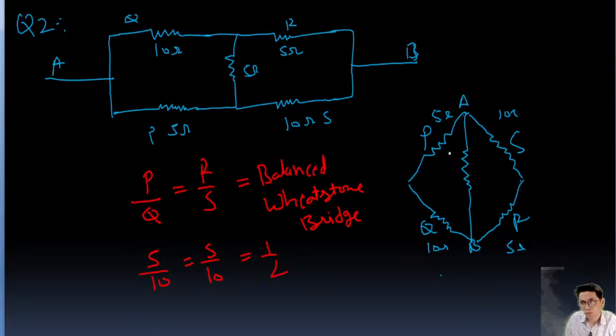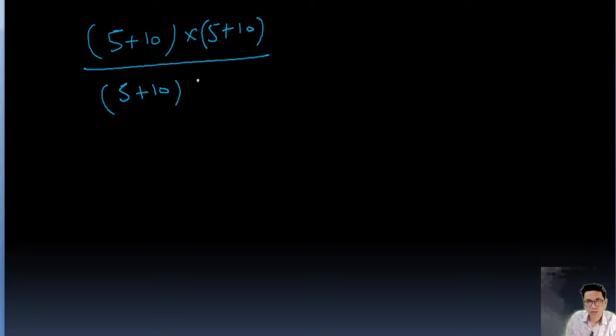5 plus 10, because these P and Q are in series, right? 5 plus 10 and 5 plus 10, and the sums of P plus Q and R plus S are in series, and those two sums are in parallel, right? So 5 plus 10 into 5 plus 10 upon 5 plus 10 plus 5 plus 10, right?